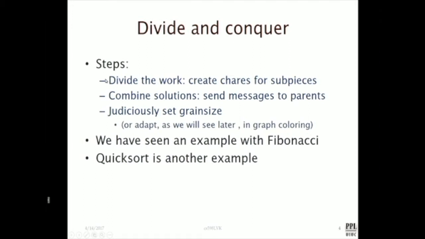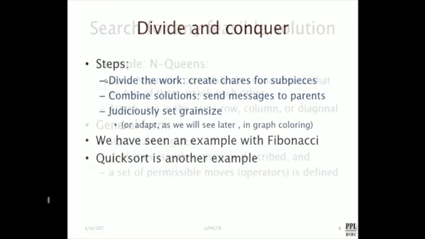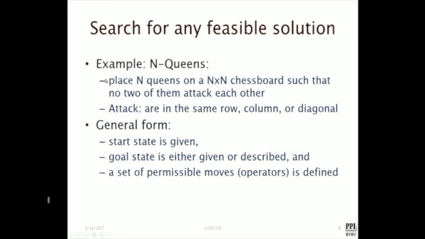There's a bunch of algorithms that are numerical, that are divide and conquer in nature. Fibonacci, which is a silly algorithm, can be done in logarithmic time, not even the linear time that you all know about. But that's an example of a divide and conquer algorithm. And search for any solution is similar, so we'll treat them together.